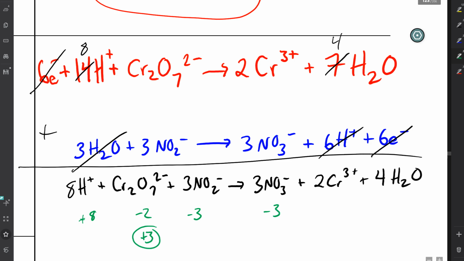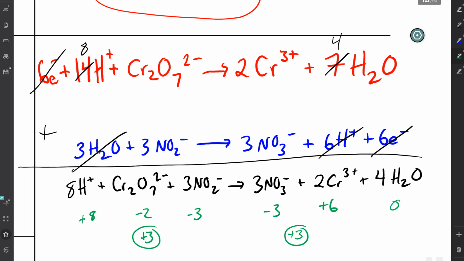I've got 3 minus here, 2 times 3 plus, so plus 6, and nothing for water. So that gives me a plus 3 on my product side as well. It's really worth taking the extra minute to double check and make sure that you are balanced for mass and for charge. It'll save you from making some careless mistakes.